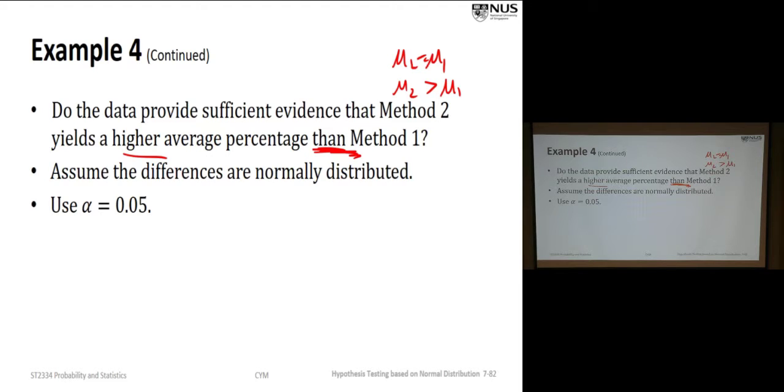So the test statistic that you consider should be x2 minus x1. In that case, you're looking for a big difference. So this will be T, with whatever degrees of freedom. Is sigma known or not?